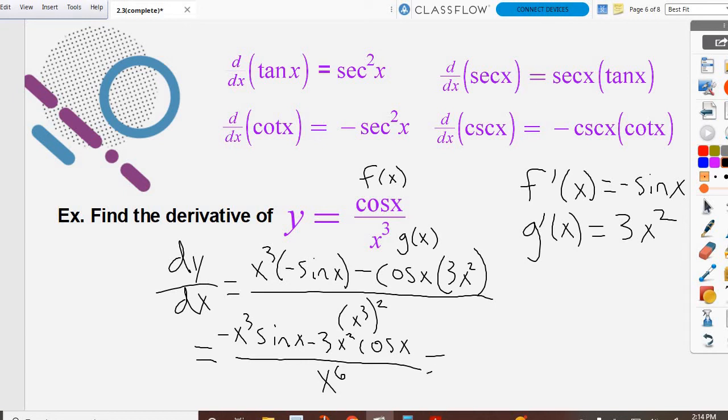The only thing we might do here is notice that we can factor out an x squared from the numerator. So I'm left with negative x sine of x minus 3 cosine of x, and then we can reduce that with our denominator.